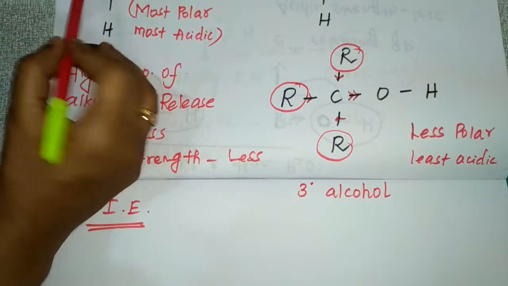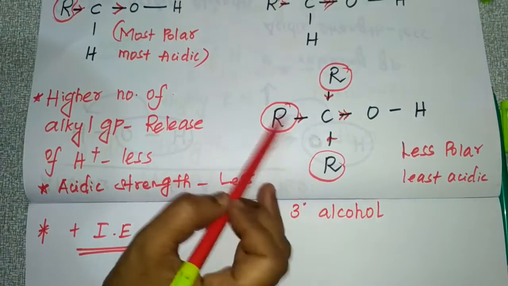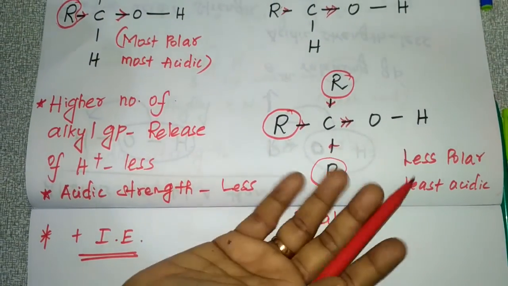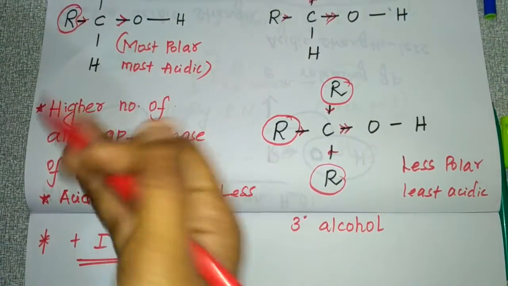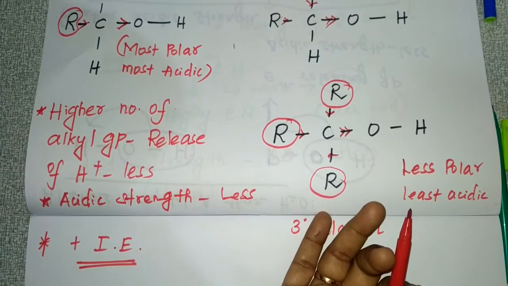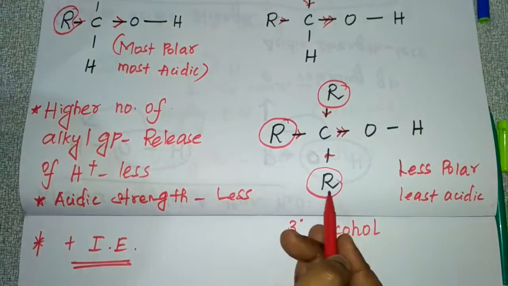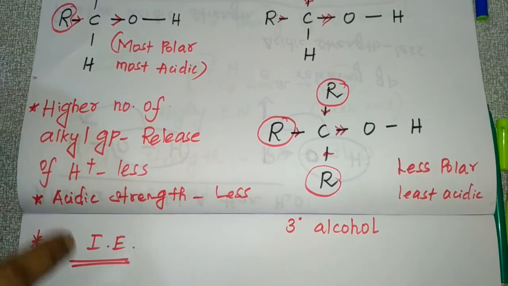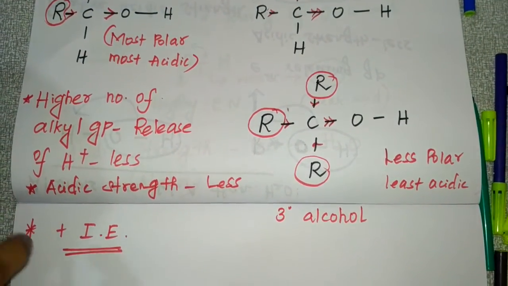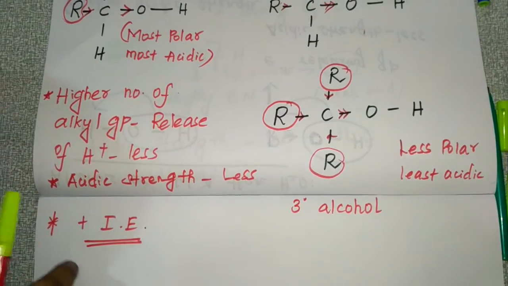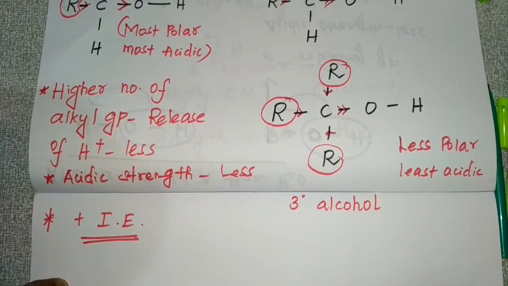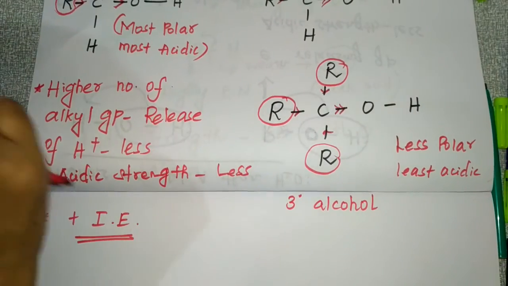When this alkyl group releases electrons to this carbon atom, what effect will be here? Plus inductive effect, because it is releasing electrons. So you have to mention this plus inductive effect also. This is an important keyword you have to mention under this reason.